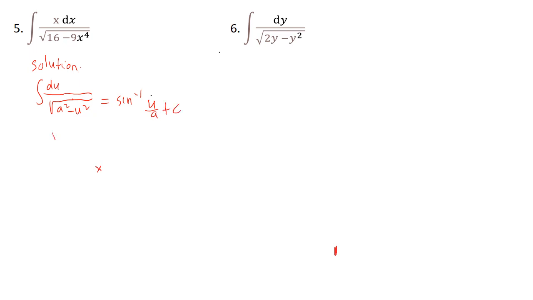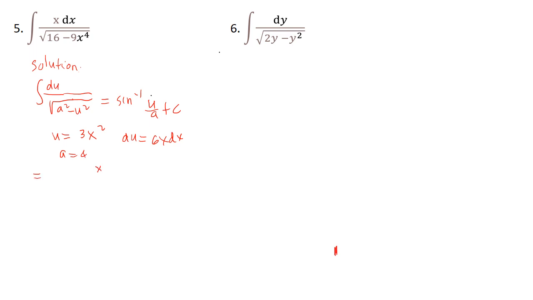So your u equals 3x squared. Your du equals 6x dx. Your a equals 4.